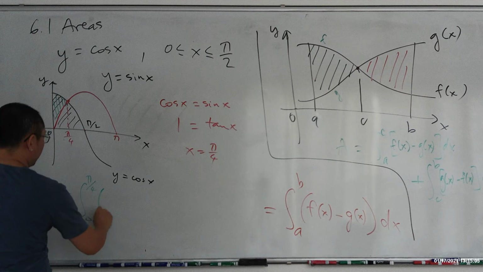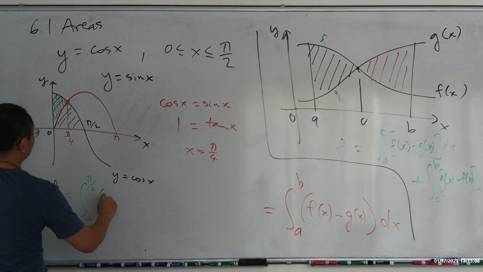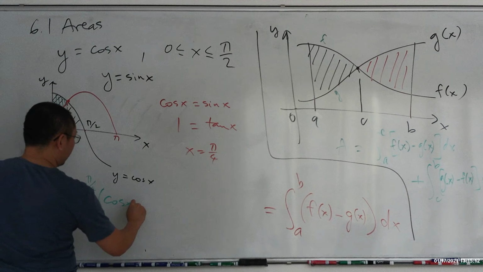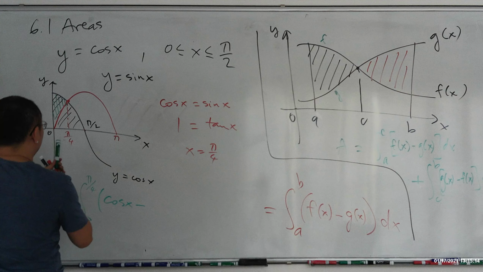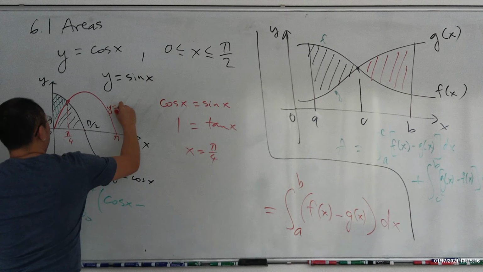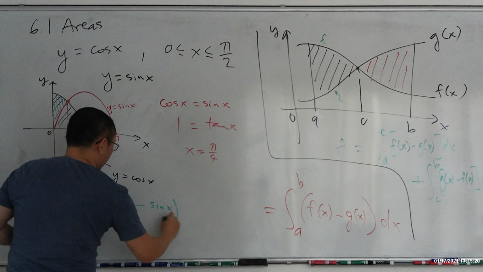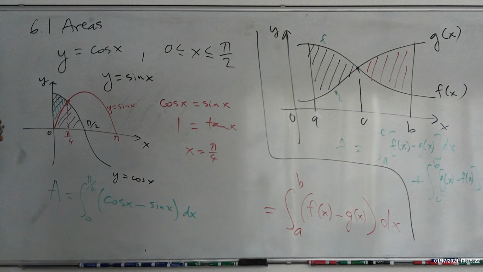The upper one is cosine of x. Cosine is the black one, and then the lower one is sine of x, the red one. Minus sine of x, everything dx, and of course you can integrate it easily.